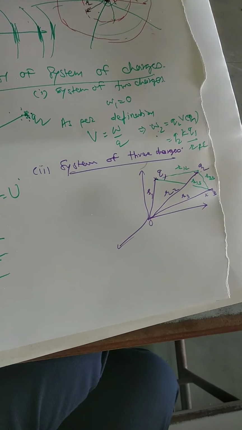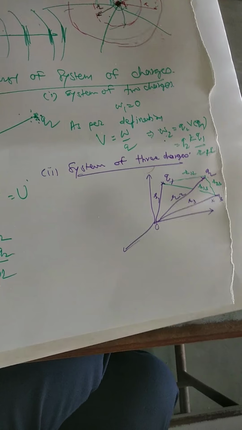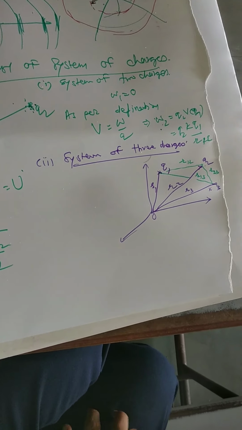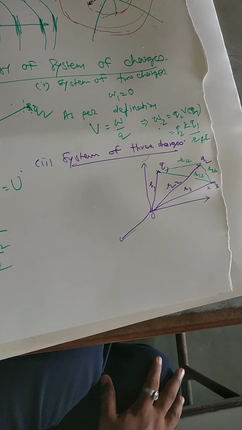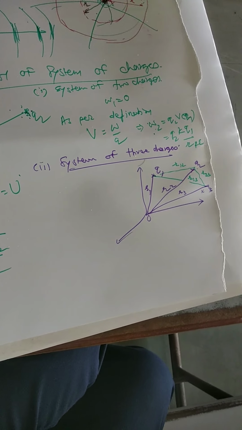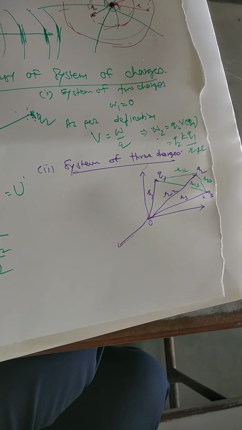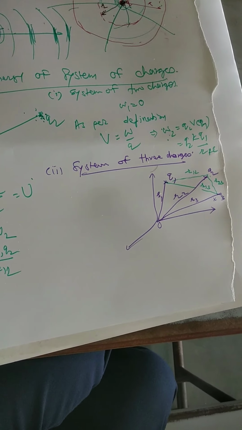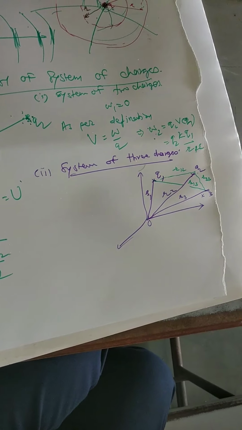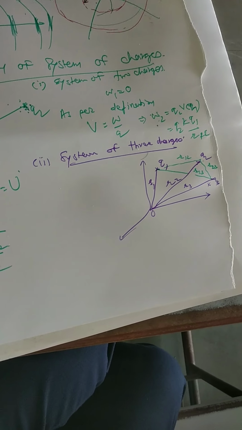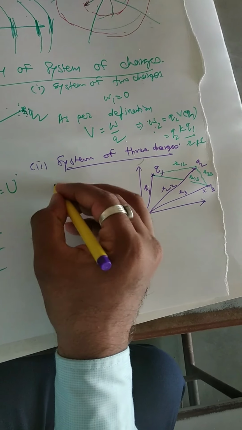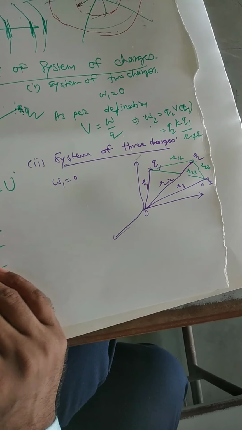Suppose we consider three different charges q1, q2 and q3 which are initially at infinity. Now to bring all these three charges from infinity to the given point in the given electric field, work is done. Initially we assume that work is done on the charge q1 to bring it from infinity to this given point, so that work done W1 is equal to 0.